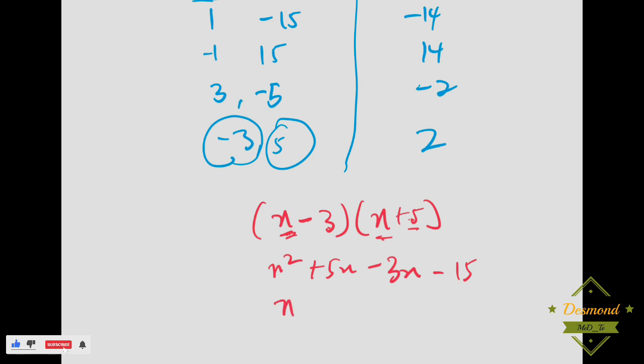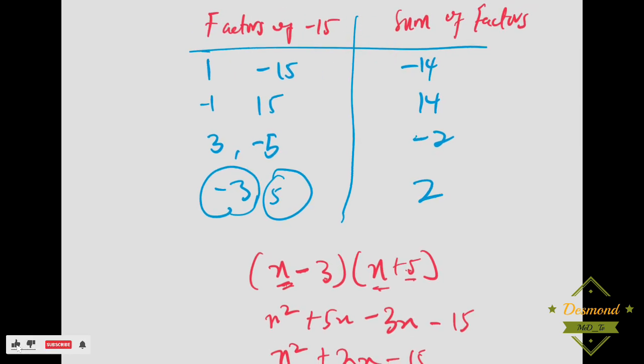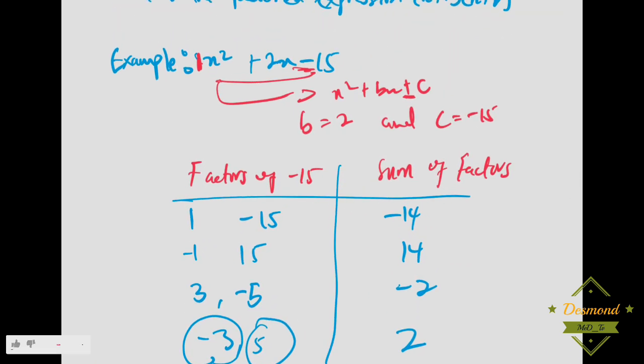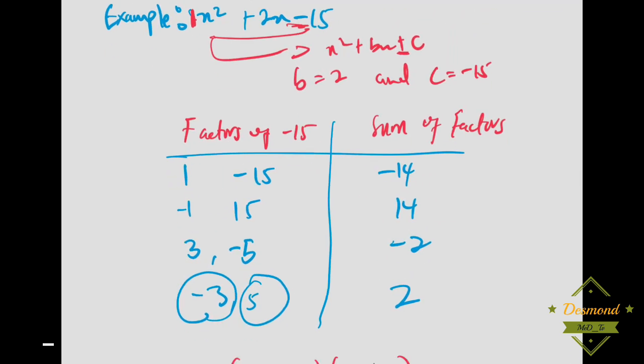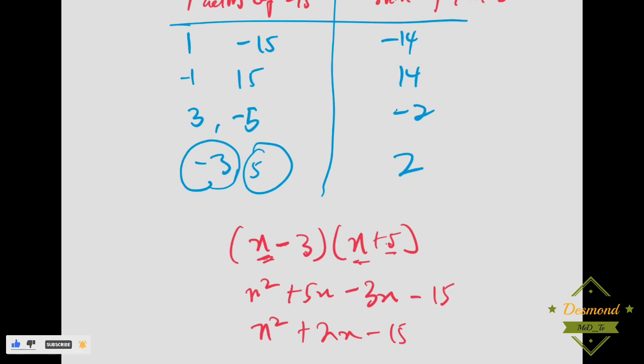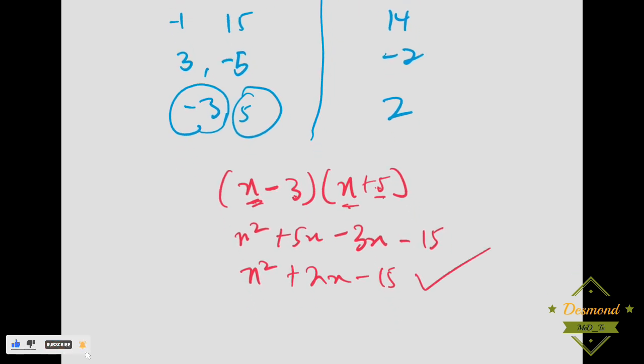So when you do it, you get x squared plus 2x minus 15. We get the same thing, which is x squared plus 2x minus 15. That's what we have here, so it is correct.